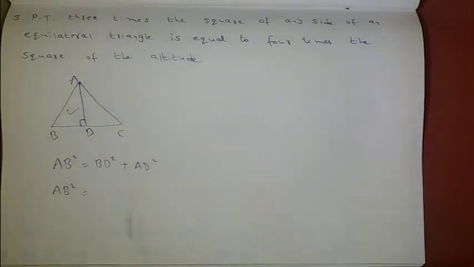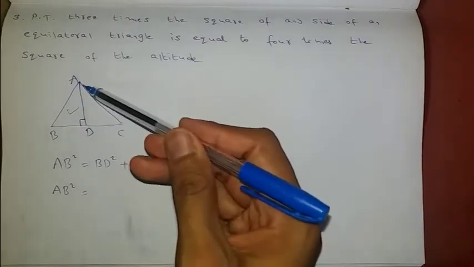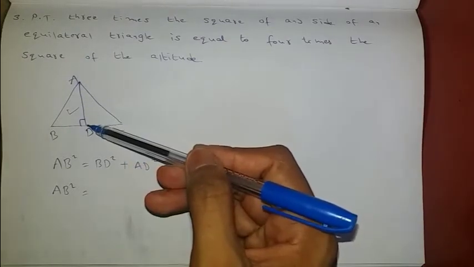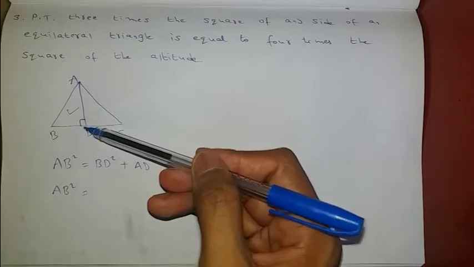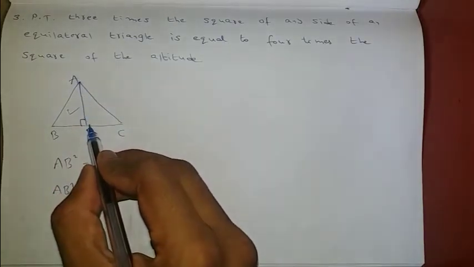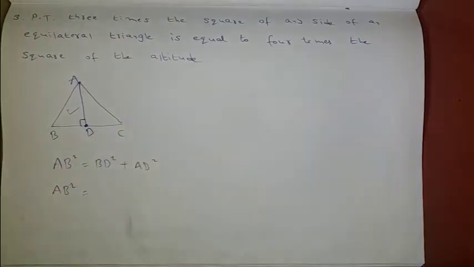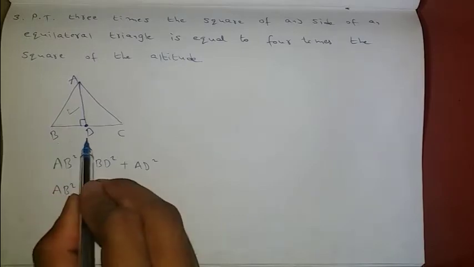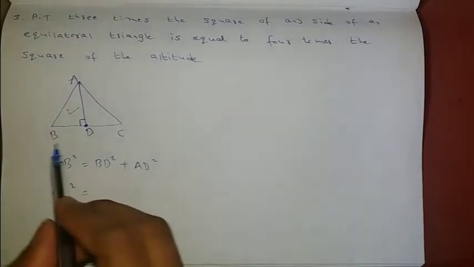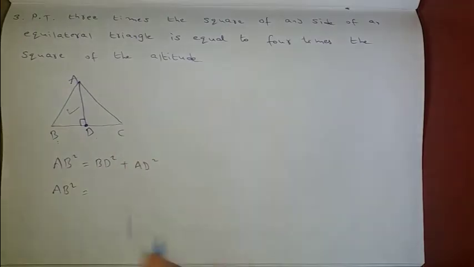Next, I will keep this AB square as it is, which is equal to, now in the place of BD: in an equilateral triangle, the altitude is the same as the median. It means this AD is an altitude as well as a median, only in an equilateral triangle. So now BD is equal to CD. Now this BD is nothing but half of the total side BC.